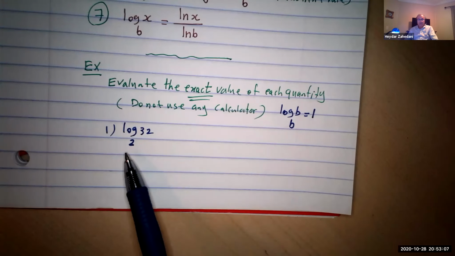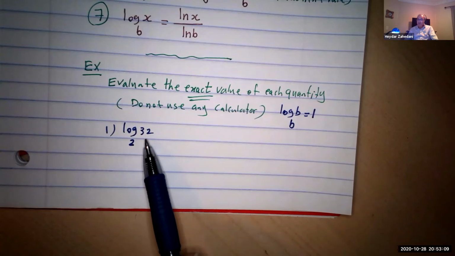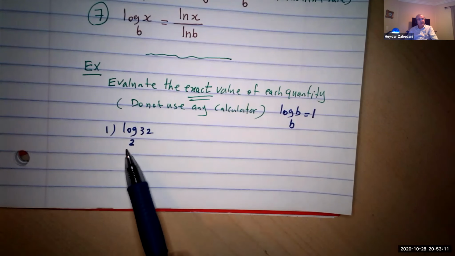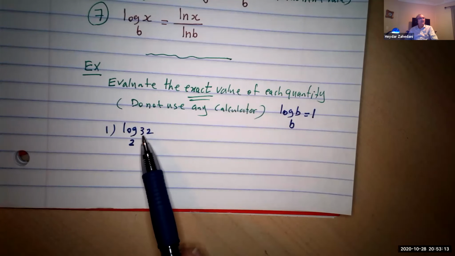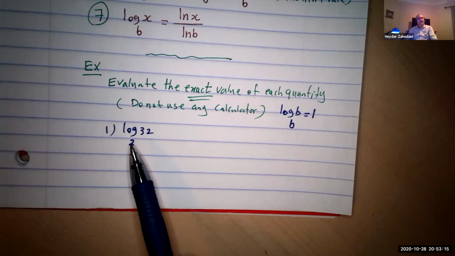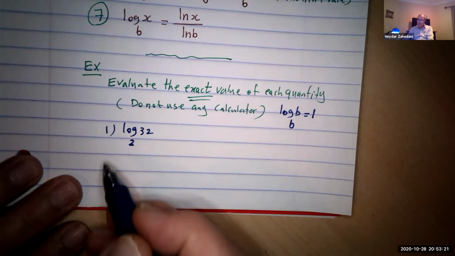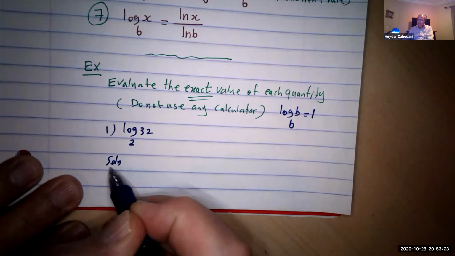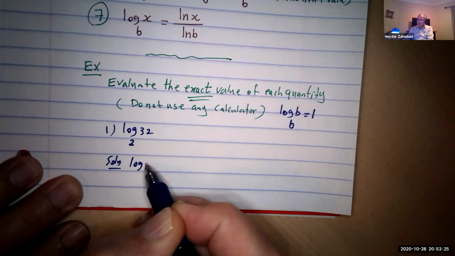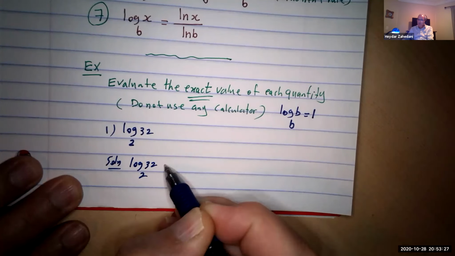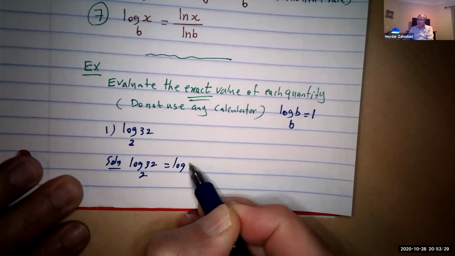So the base is 2, so you have to write it down as a log base 2 of 2. So what you do is you try to write the 32 in terms of a power of 2. You know that 32 is a power of 2. So for the log of 32 at base 2, you rewrite the 32 as 2 to the 5th.